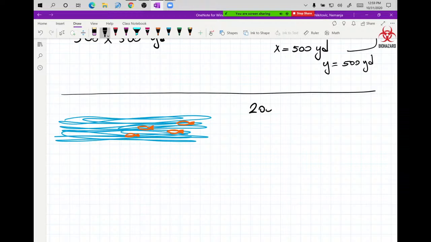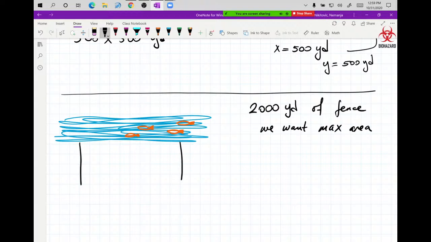And we still have 2,000 yard of fence, and we want max area, but clearly we're not going to fence it towards the river because that river is going to serve as a fence on that side. So if you put sheep or cows or something in here, right, they might go and drink some water, but they're not gonna go and swim and look for the greener grass on the other side, right? There's enough green grass right here.